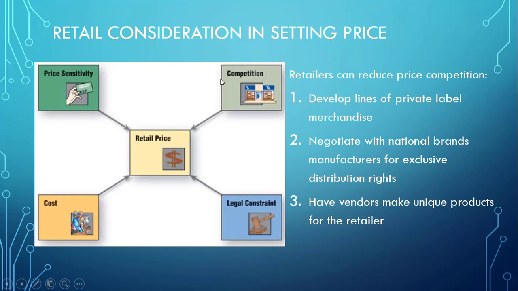So competition is one thing that you need to consider. Price sensitivity is the other concept that you need to consider. But before we discuss price sensitivity, let's discuss the other issues, because these two issues are a little bit simpler to understand. So when you say cost of production, cost of acquiring the product.